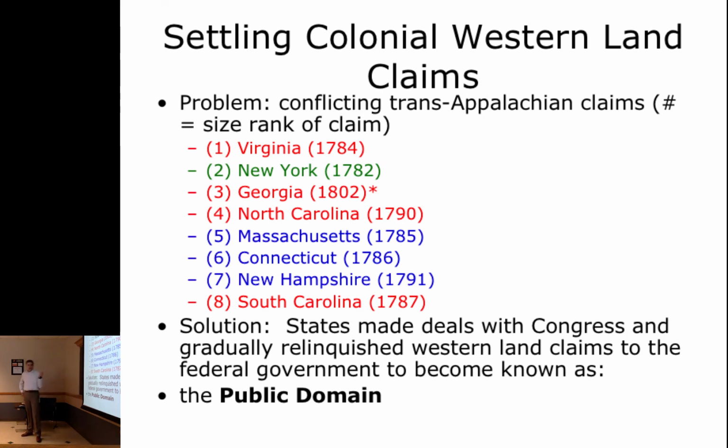So the federal government agreed to remove Native Americans for that relinquishment of those western lands. So Georgia gave up the land, and the federal government promised sometime in the future, when feasible, Native Americans living within the boundaries of Georgia would be removed.